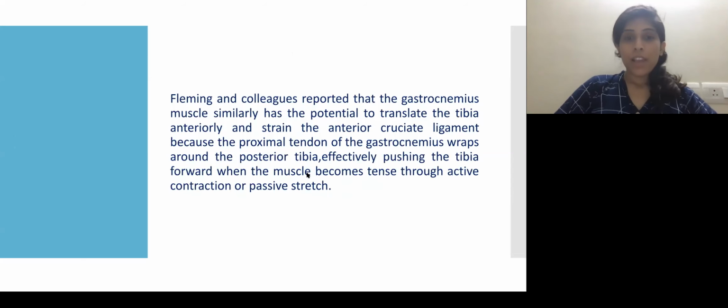In the same way, the gastrocnemius muscle also has the ability to translate the tibia in the anterior direction, and as a result it can strain the anterior cruciate ligament. Okay, because of its attachment which is near the tibia, it can pull the tibia in the anterior direction.